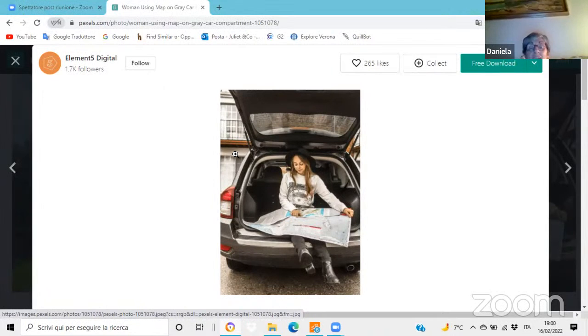So she's probably in front of her house. Probably in front of a house. A British house. It looks British, not Italian anyway. And talk, you know. What season, what time of the day, why do you think she's looking at the map and so on.